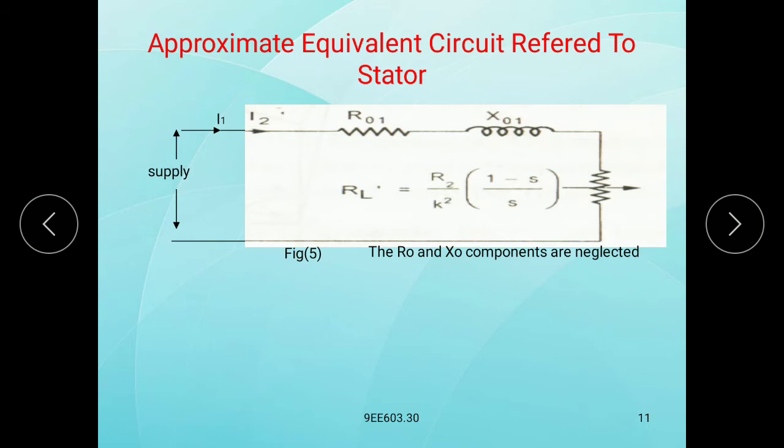Here is the approximate equivalent circuit. The R0 and X0 components are neglected here. In the approximate equivalent circuit we have the supply, I1, R01, X01, and load RL dash.